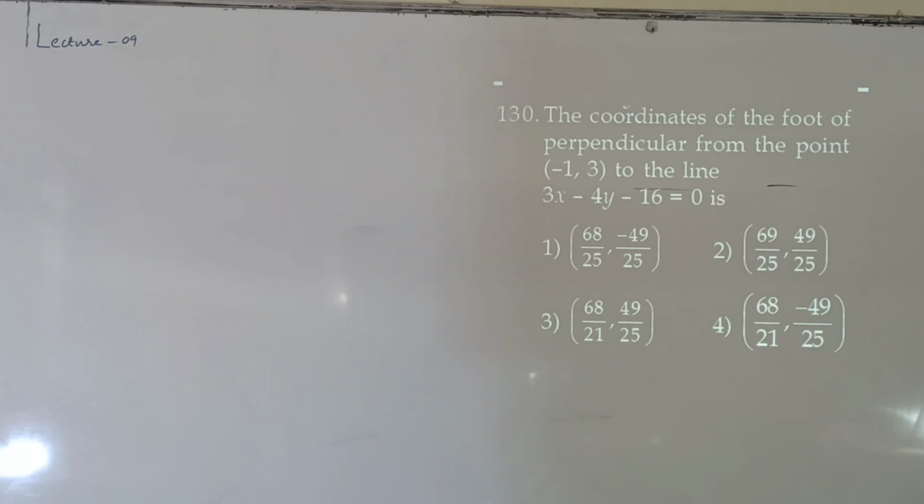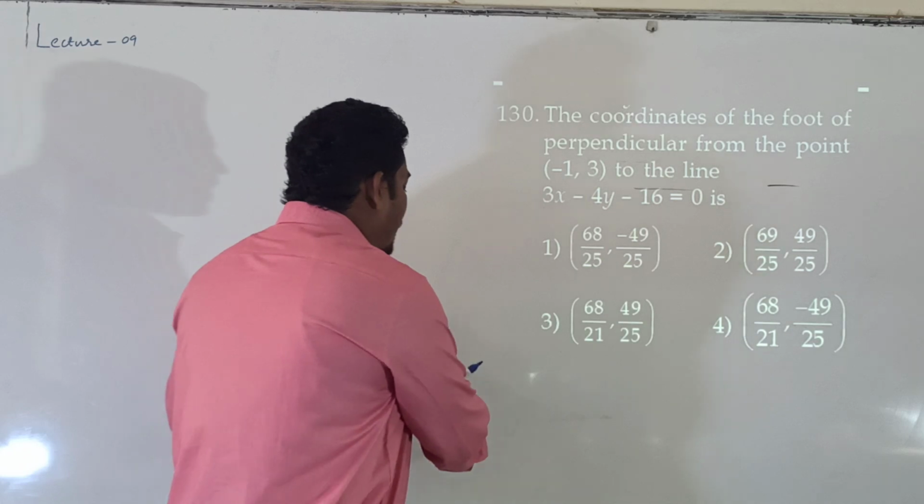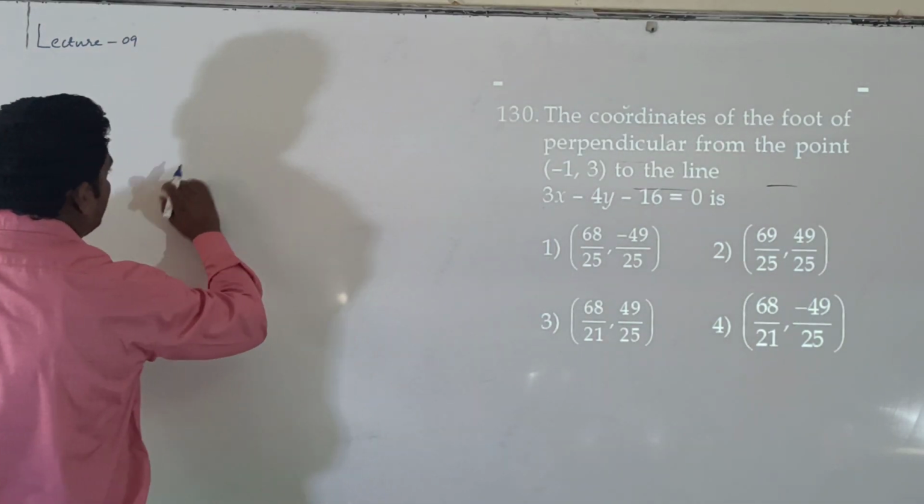If alpha comma beta is the foot of the perpendicular drawn from the point x1 comma y1 to the line ax plus by plus c equal to 0, then the condition is alpha minus x1 divided by a equal to beta minus y1 divided by b equal to minus of ax1 plus by1 plus c divided by a square plus b square. You have one shortcut formula.